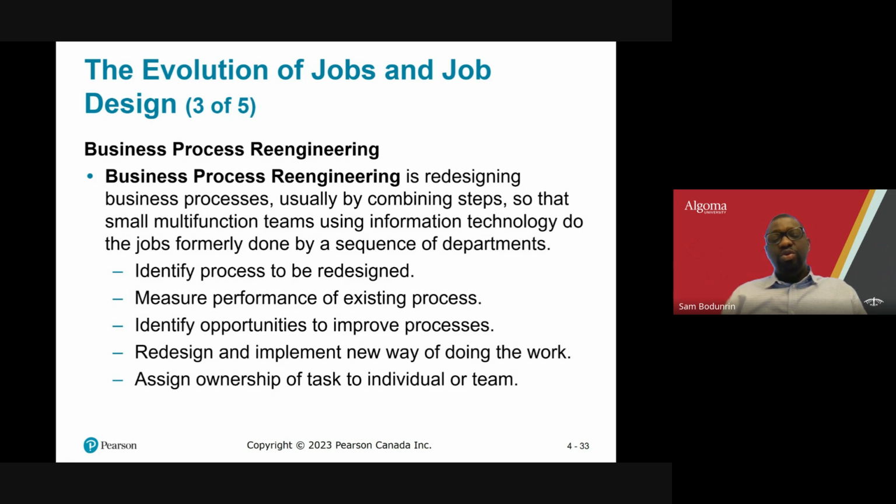So I want to look inward and look at the processes and change or re-engineer or revamp those processes. So identify what to be redesigned, measure performance of existing processes, identify opportunities to improve processes, redesign and implement new ways of doing the work, and also assign ownership of tasks to individuals or teams.